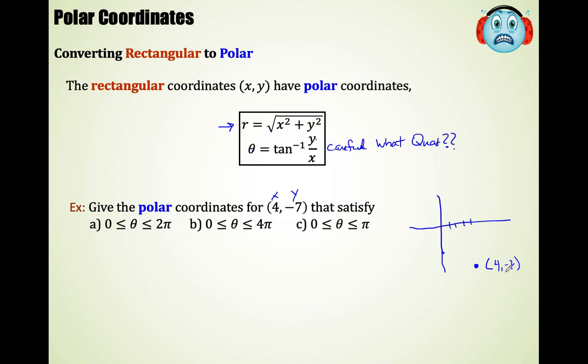So what are the coordinates that land me at that point, but my theta is between 0 and 2 pi? So firstly, I need to know I'm in radians, not degrees. So I'm going to say, well, my radius is the square root of x squared plus y squared. I don't care about the negative because I'm going to square it.